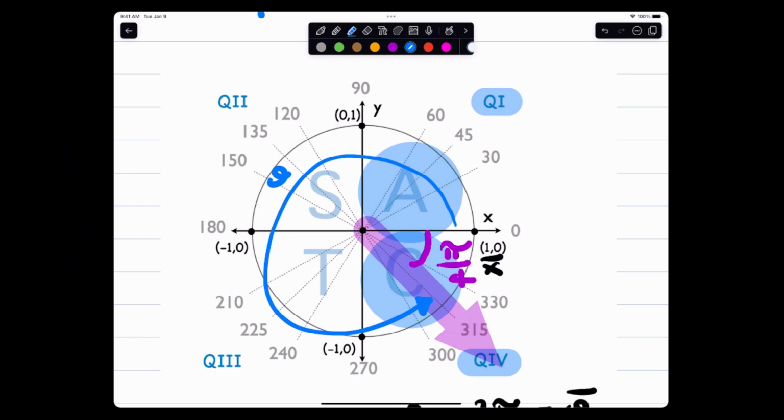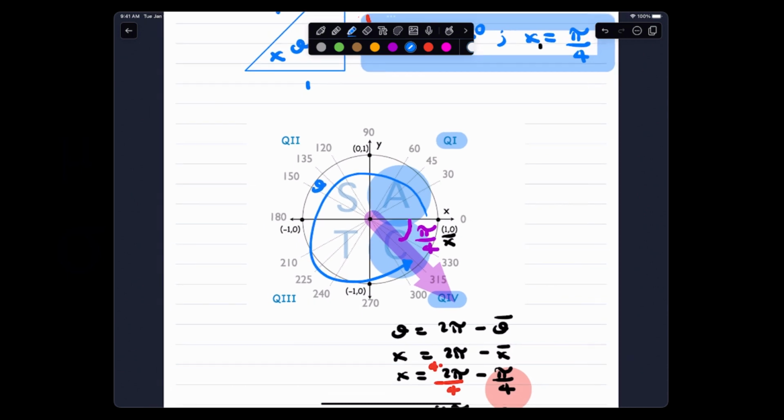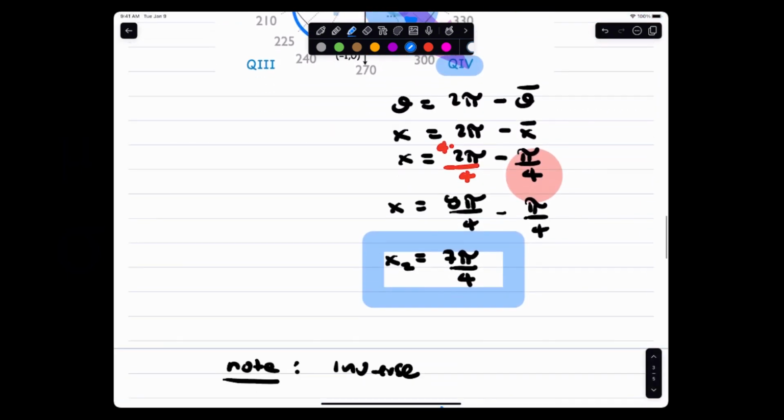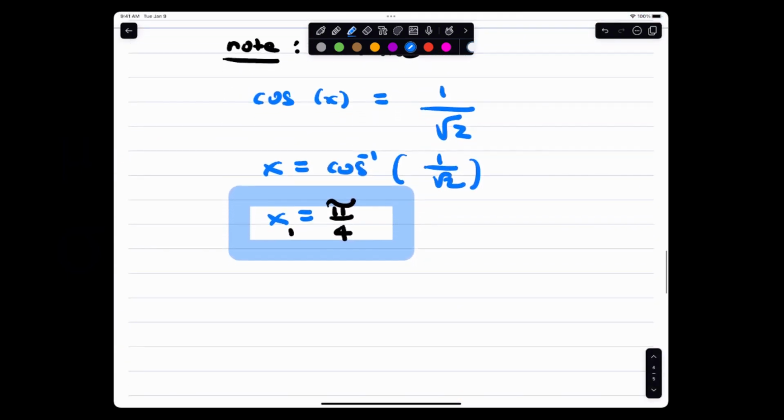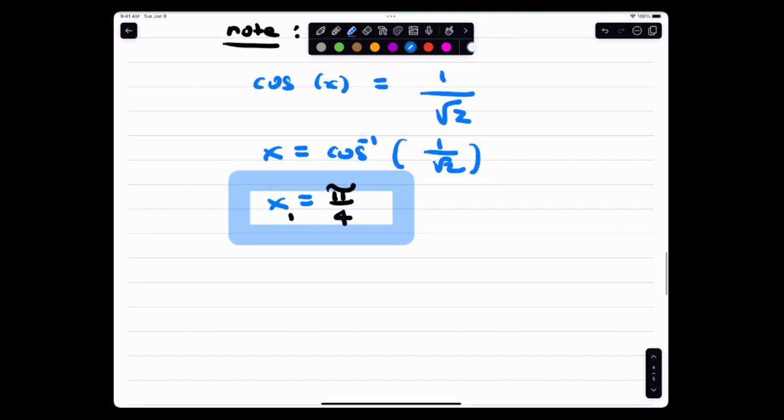Meaning, you're going to have to use the skills we studied and worked on. There's a reason why we worked on all of these things. You're looking at the reason right now. So all that detail, ladies and gentlemen, you're going to have to find the second solution. The second solution is going to be 7 pi over 4.